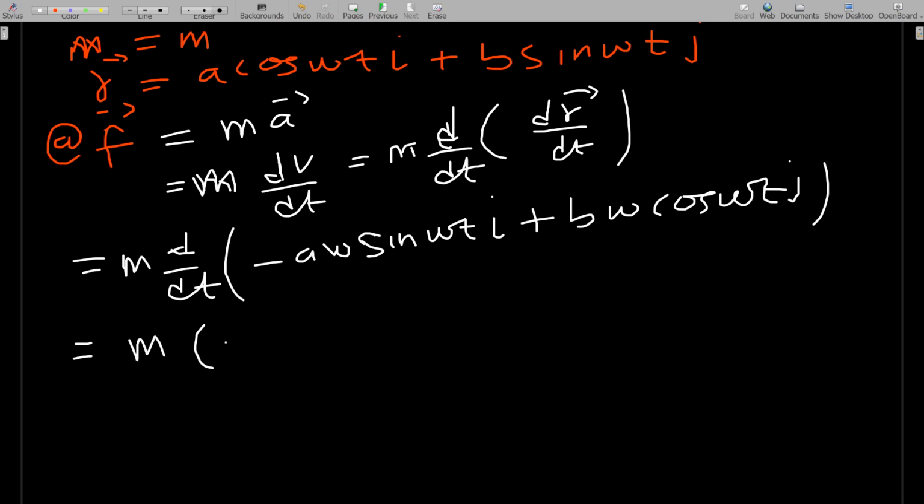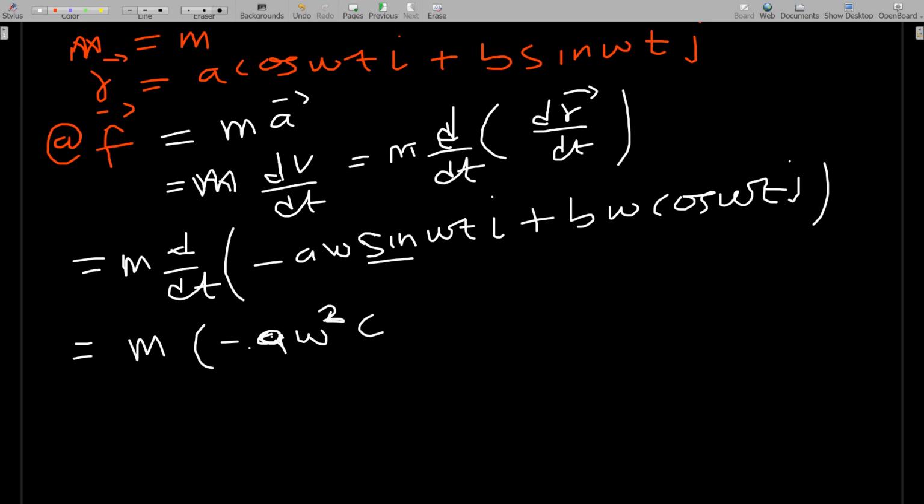So I have minus a omega squared, because I have to differentiate this sine and I'll get cos. I'll get positive cos, but already there's a minus. There's an omega here, and when I differentiate the omega t again, I get another omega, so I get omega squared.